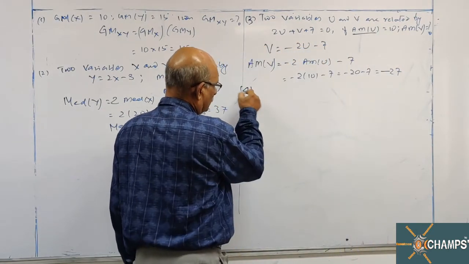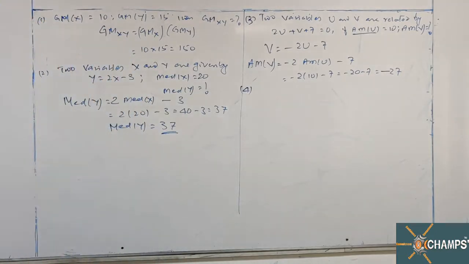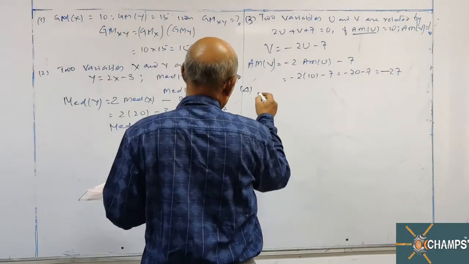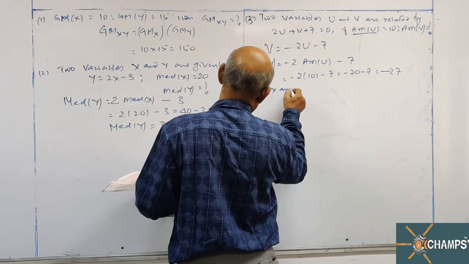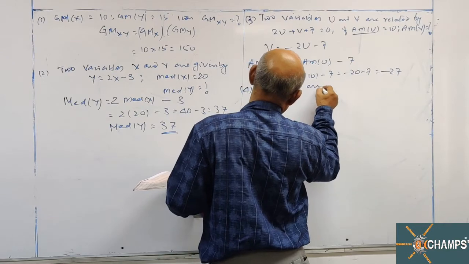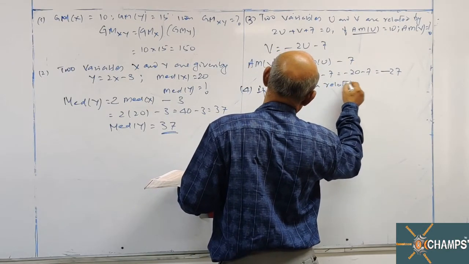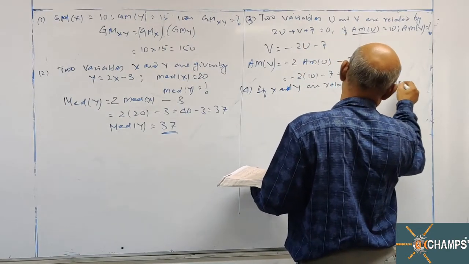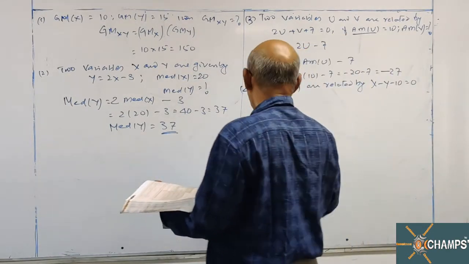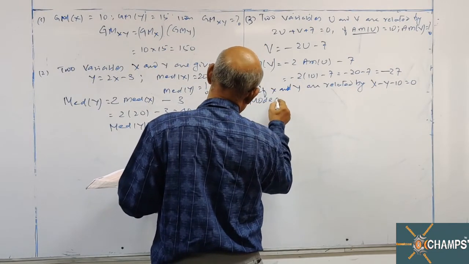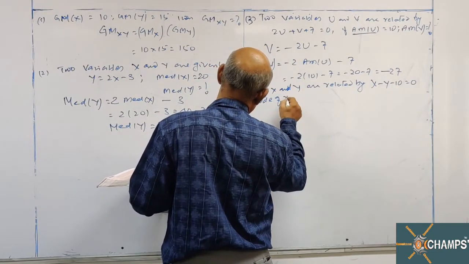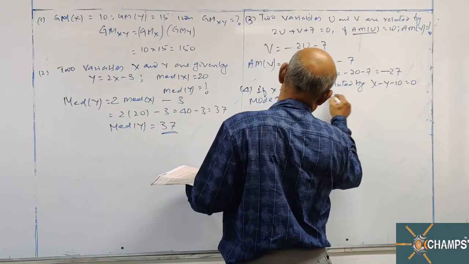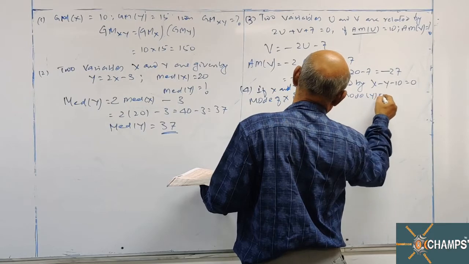Next, question number 4. If x and y are related, and mode of x is 23, then mode of y is equal to question mark.